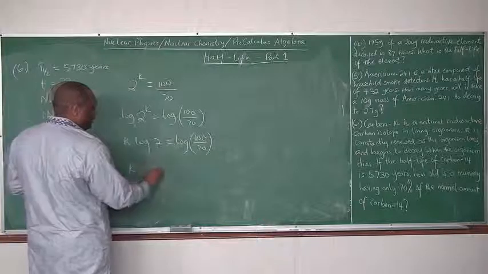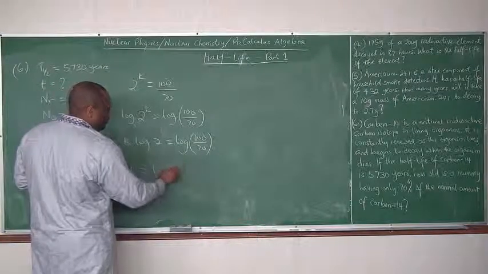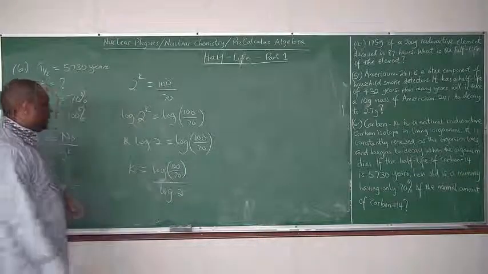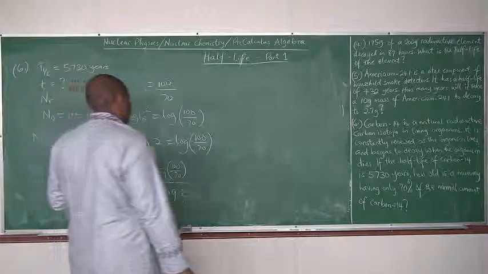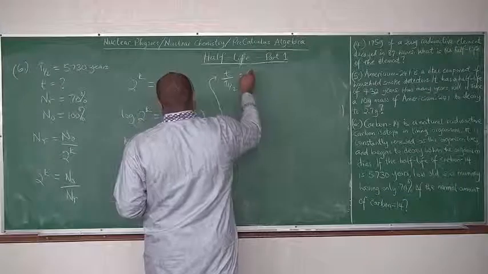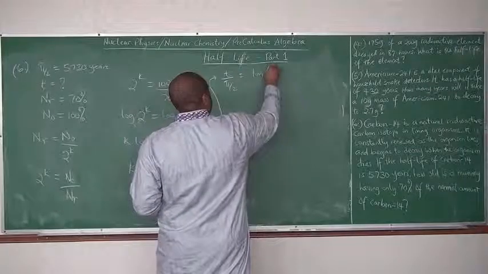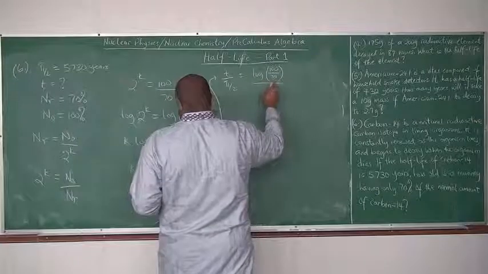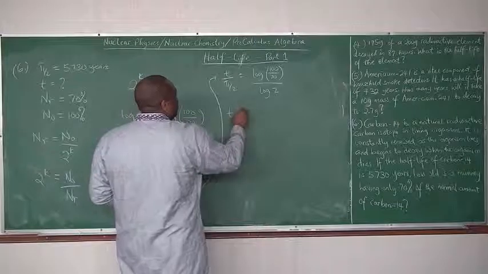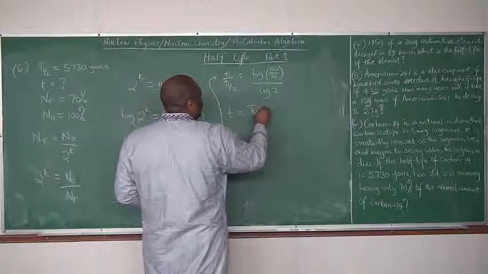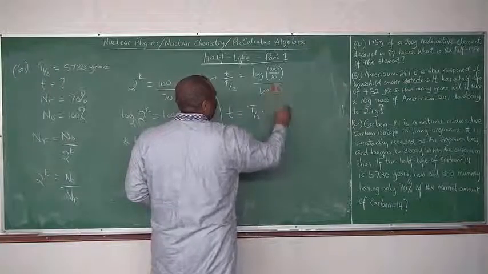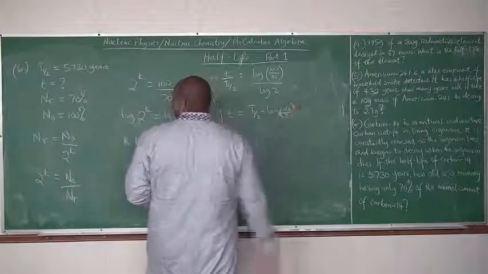K will be log 100 over 70 over log 2. And my K is T over T half. T over T half is log 100 over 70 over log 2. So my T is equal to T half times log 100 over 70.